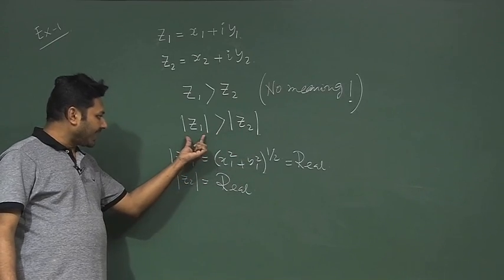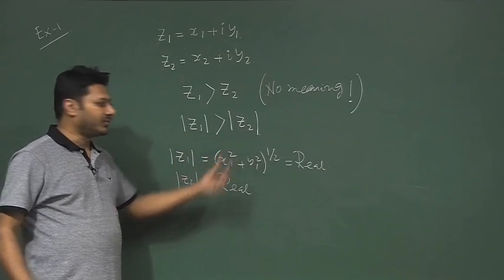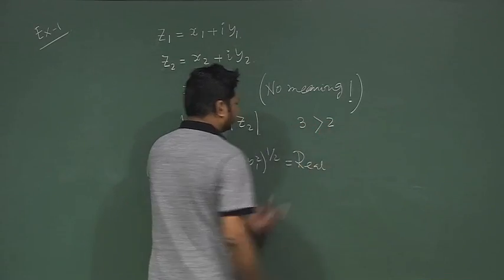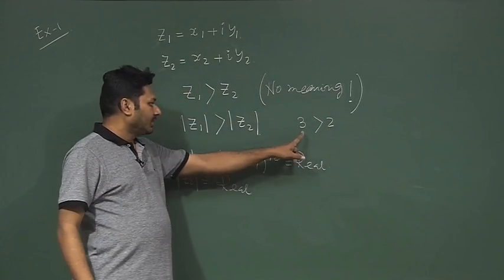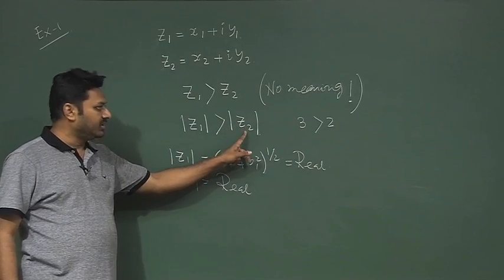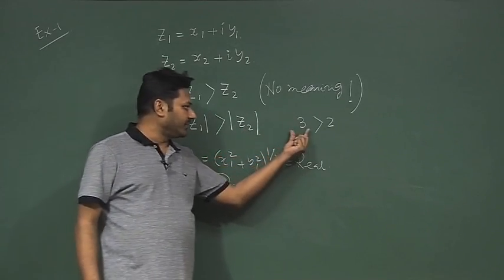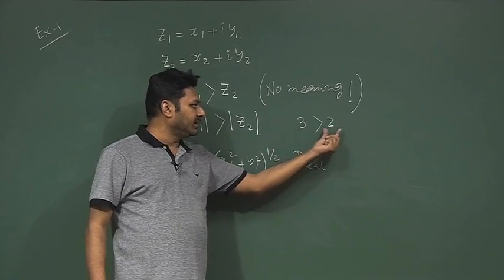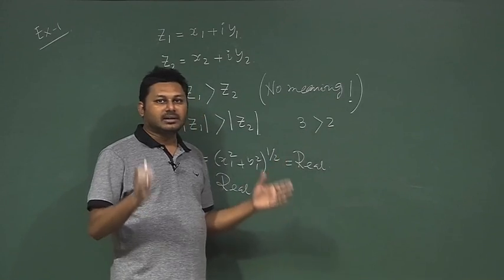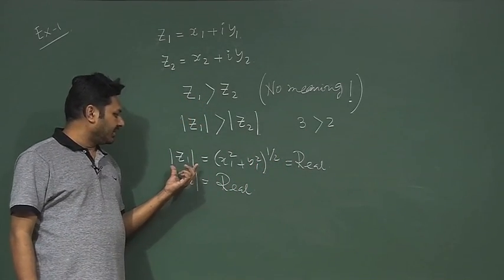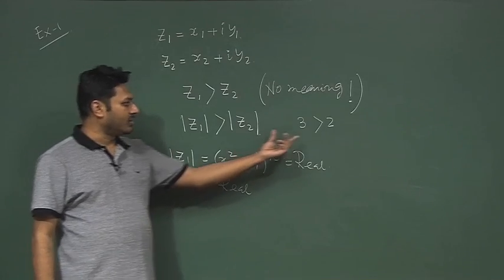So, basically the magnitude of this real number may be greater than that. For example, if it is 3, it is greater than 2, because 3 is the magnitude of this and 2 is the magnitude of that. So, I have real numbers which are measurable and give an idea of the length or magnitude of the quantity, and then I can compare.